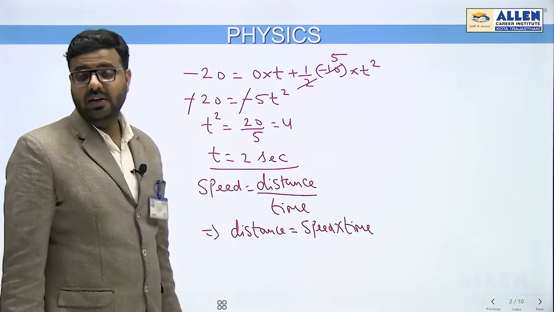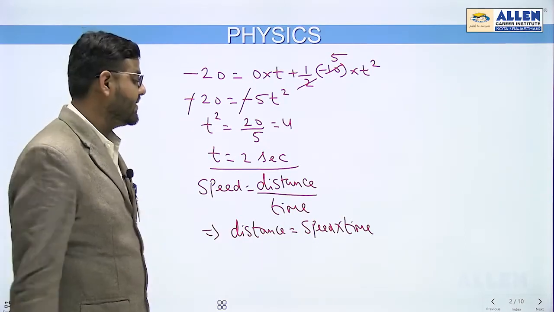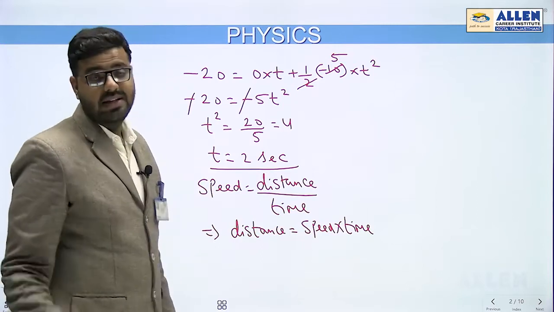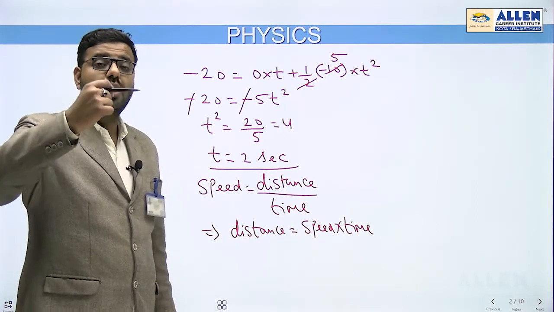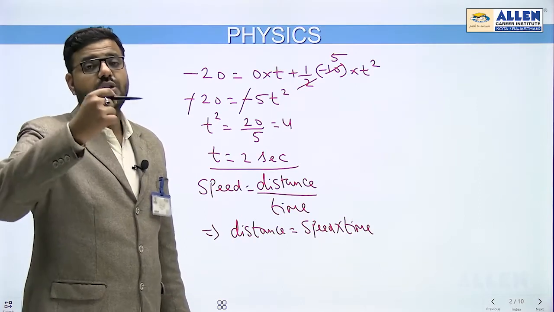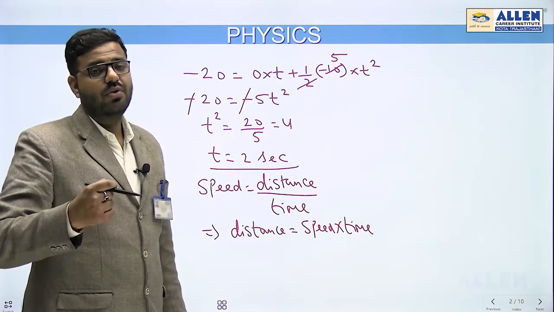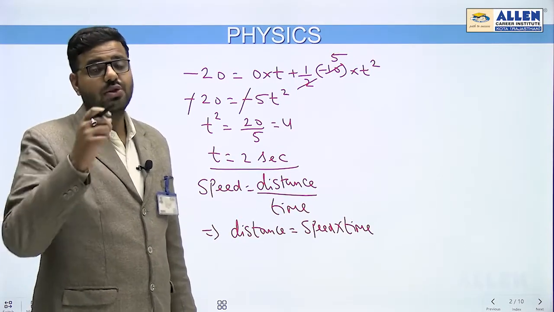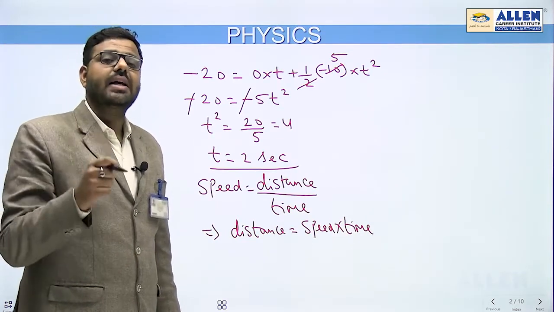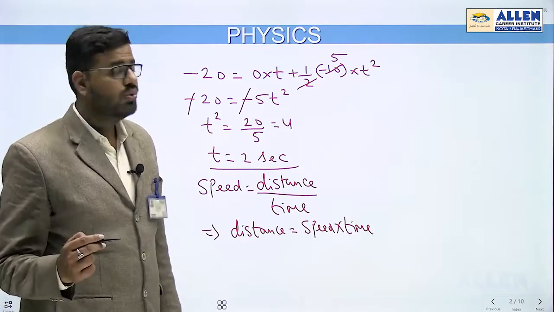We have given the speed of sound, that is 350 meter per second, and the time we take is 2 seconds, since the sound is produced when the ball reaches the ground. The ball reaches the ground in 2 seconds, at that moment the sound is produced, and again it reaches the girl's hand in 2 seconds. So in this 2 second duration the echo is heard. So here the time we will take is 2 seconds.